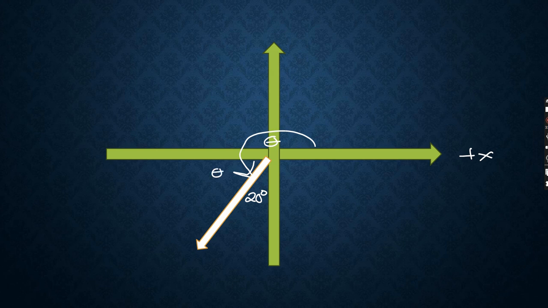It is a straight line, so we have 180. What about this part? We subtract 20 from 90 to have 70 here. So our answer is going to be 250.